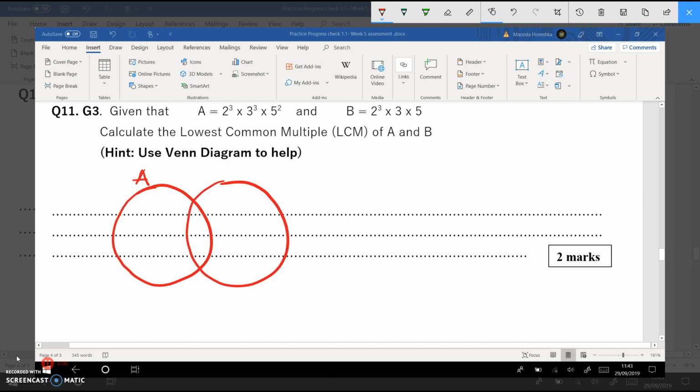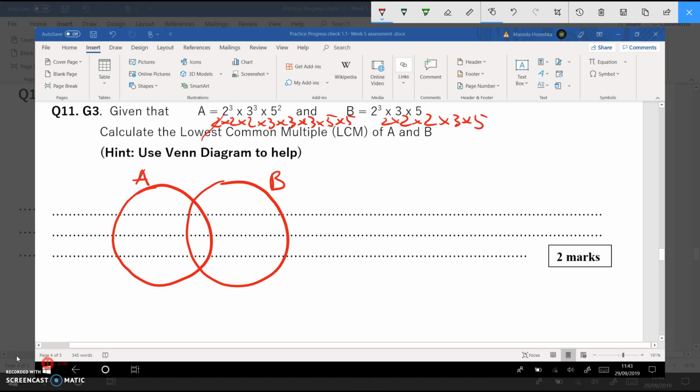So we've got A and B. Let's place in the middle first the ones that would go there. So the ones that overlap: A is 2 times 2 times 2 times 3 times 3 times 3 times 5 times 5, and B is written as 2 times 2 times 2 times 3 times 5.